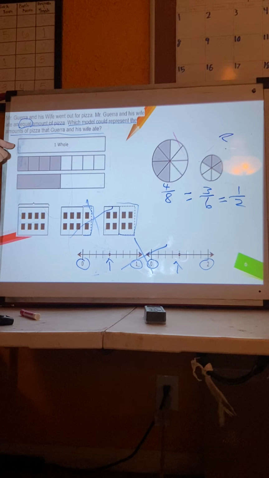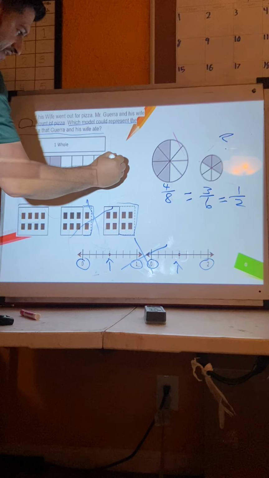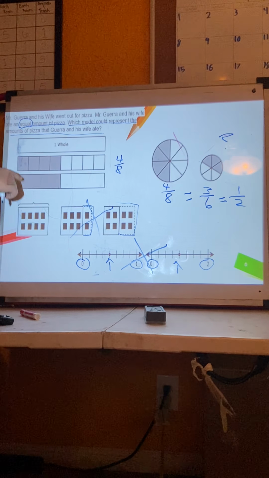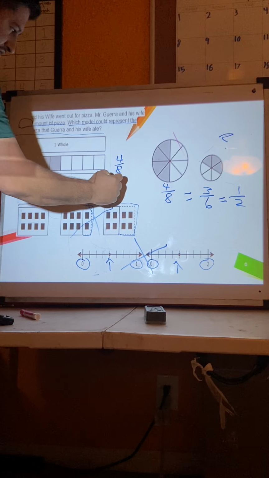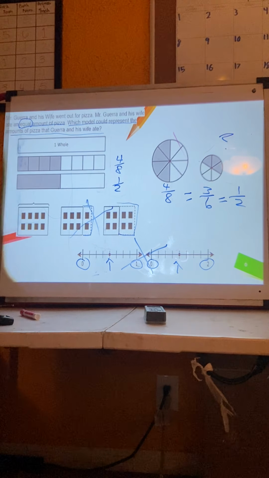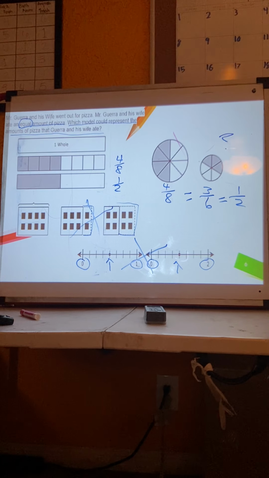So now I'm going to go to my last model, showing me the representation of one whole. They're all the same size. This one's telling me it's 4/8, 4 shaded parts, 8 equal parts. Here's 2 equal parts with 1 shaded part. So that's equivalent also, because 4 is half of 8 and 1 is half of 2, right?